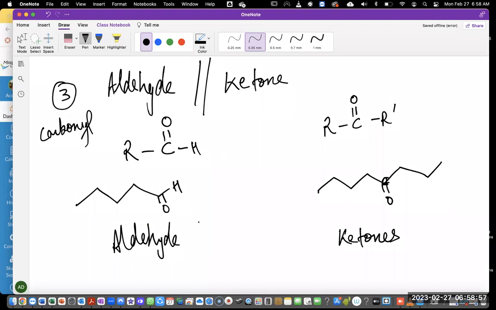So an aldehyde is a carbonyl sitting at the edge, whereas ketones have the C double bond O carbonyl sandwiched somewhere in between. And guys, the presence or absence of this hydrogen, which is present in aldehydes and not present in ketones, makes a lot of difference in their chemical and physical properties, okay?